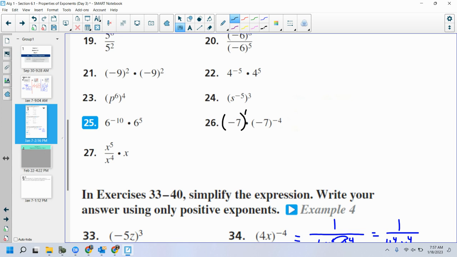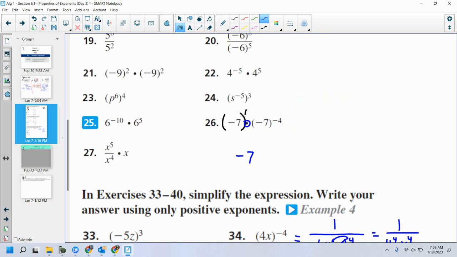All right, so we have -7 to the first times -7 to the -4th. Okay, what is that? Now, the base doesn't change. Stays -7. Just like all of these. The base never changed away from A for any of those. The only time it changed was A to the 0, right? Now, when I am multiplying with my bases, what does that tell me to do with my exponents? Somebody tell me.